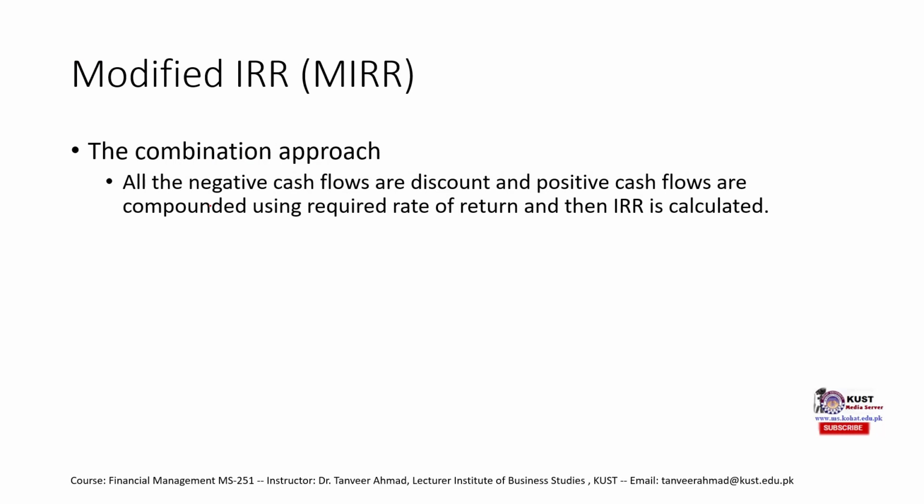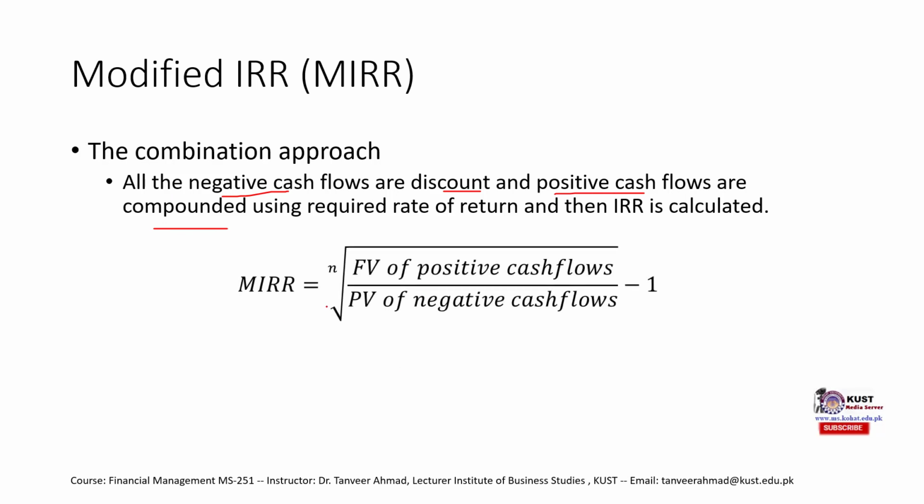In the combination approach, all the negative cash flows are discounted and positive cash flows are compounded, so this would be the formula: future value of the positive cash flows and present value of the negative cash flows. And once we have the conventional cash flows, we would find the IRR either using trial and error method or using interpolation method.